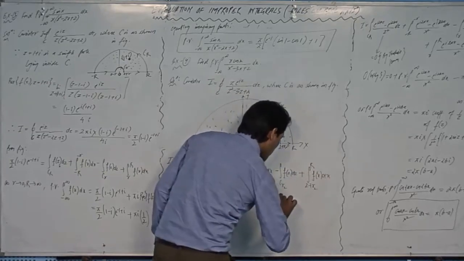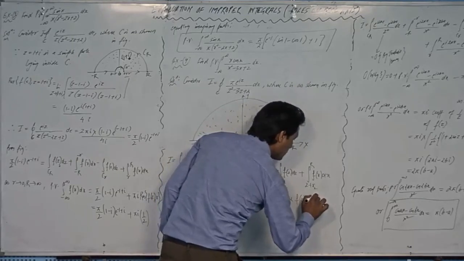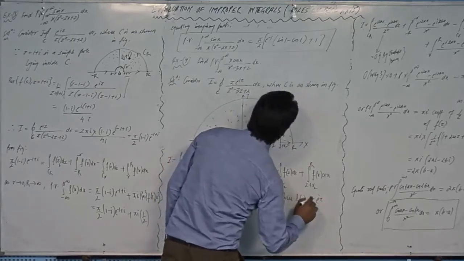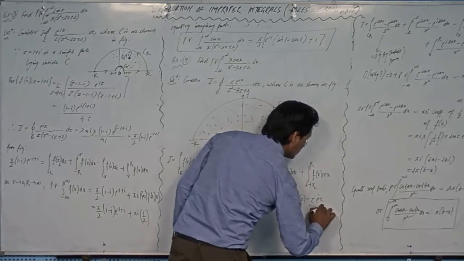And what is my f(z)? My f(z) is equal to z times e to the power iota z over z square minus 3z plus 2, right.